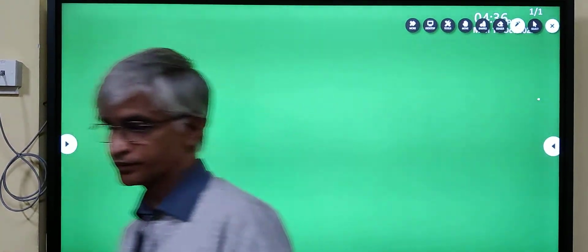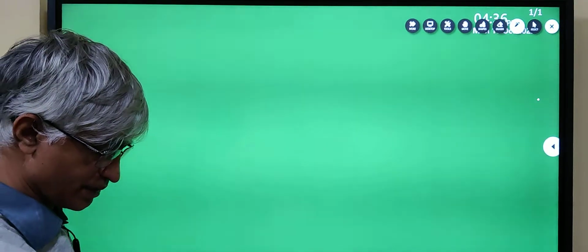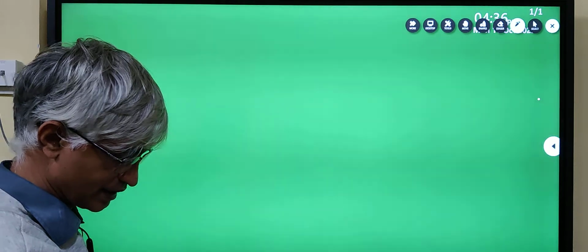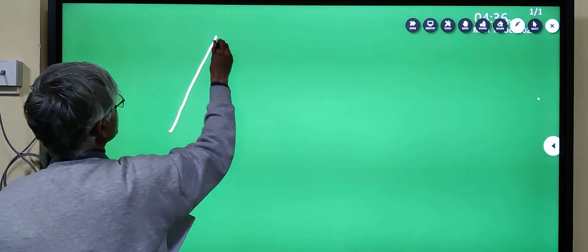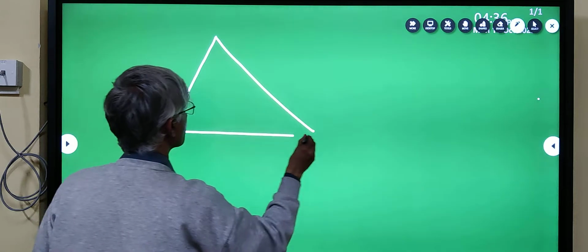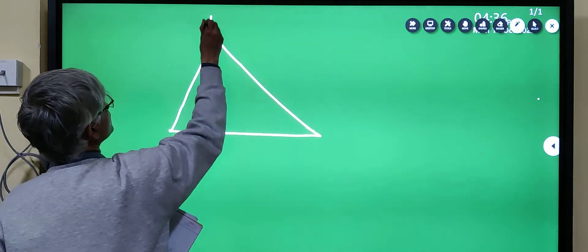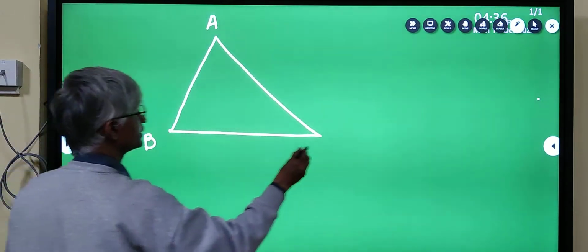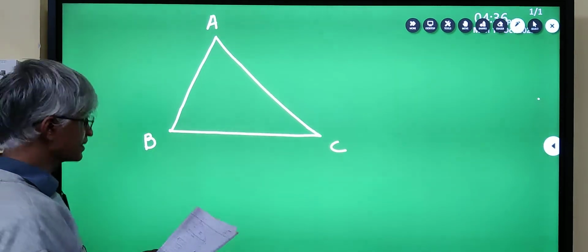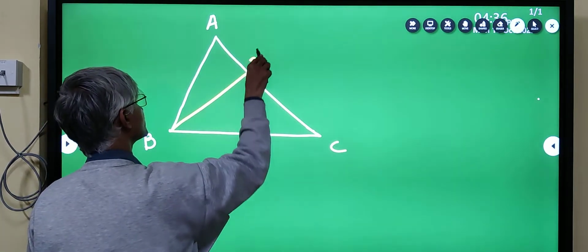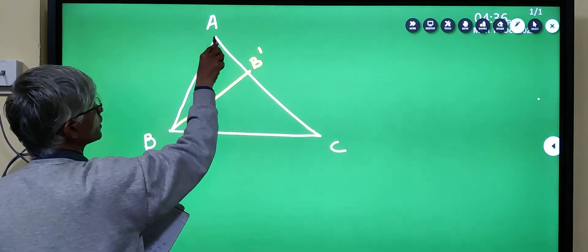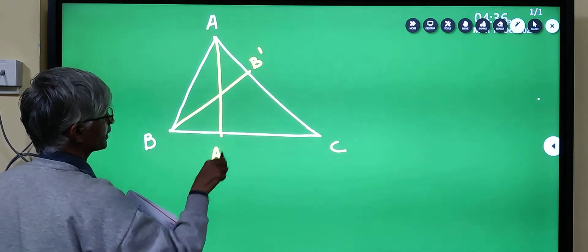So here goes. The first problem goes like this. It says that you have an acute angle triangle, and let's name it A, B, C. Then it says that draw an altitude B, B dash, and also draw an altitude A, A dash.